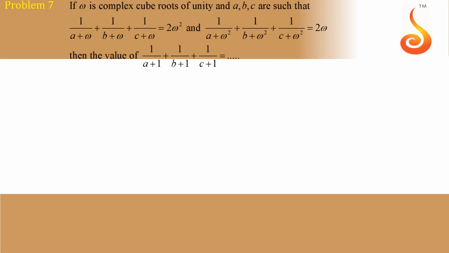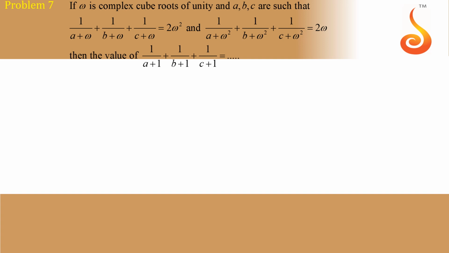Next problem. If omega is a complex cube root of unity and a, b, c are such that 1 by a plus omega plus 1 by b plus omega plus 1 by c plus omega is equal to 2 omega square, and 1 by a plus omega square plus 1 by b plus omega square plus 1 by c plus omega square is 2 omega, then the value of 1 by a plus 1 plus 1 by b plus 1 plus 1 by c plus 1 equals dash.